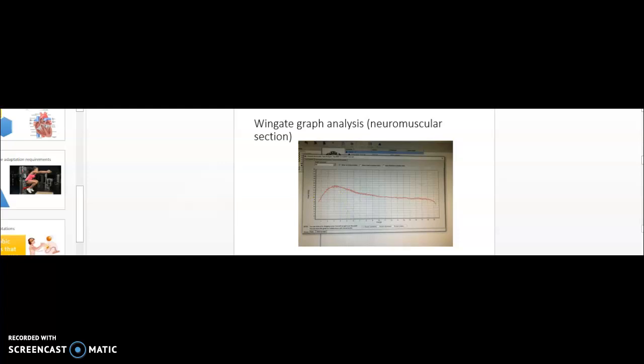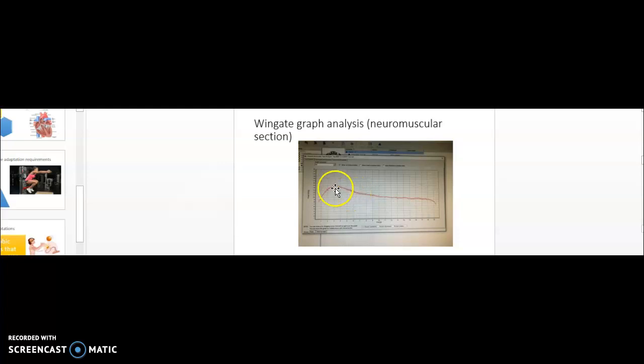Another example of an adaptation that would take place due to long-term training and would change the way this graph would look would be an increase in the recruitment of fast glycolytic muscle fibers, and the more of these fibers recruited due to this training. This would cause the graph to change, as this would allow peak power to sustain and plateau for a short amount of time at the top, as opposed to just decreasing right away.